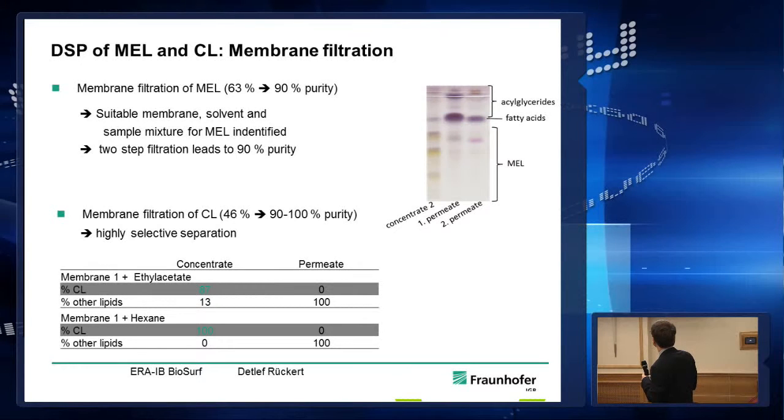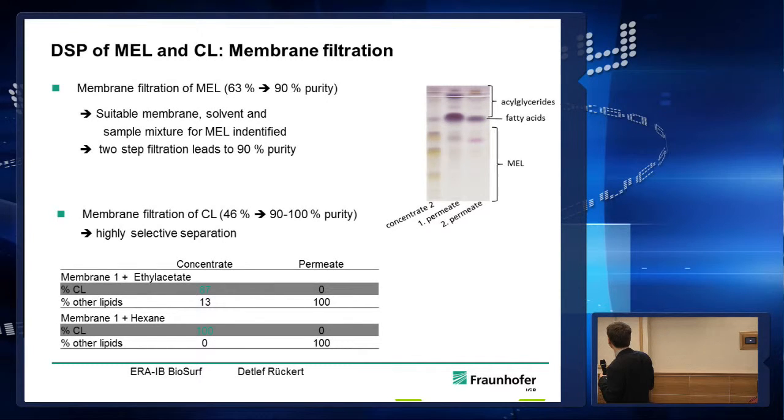What you see here is basically the result. For the MELs, we could identify membranes and solvent mixtures that lead in a two-step filtration to a purity of about 90%. So basically here you see the MELs and the concentrate, second concentrate, and the separated fatty acids.